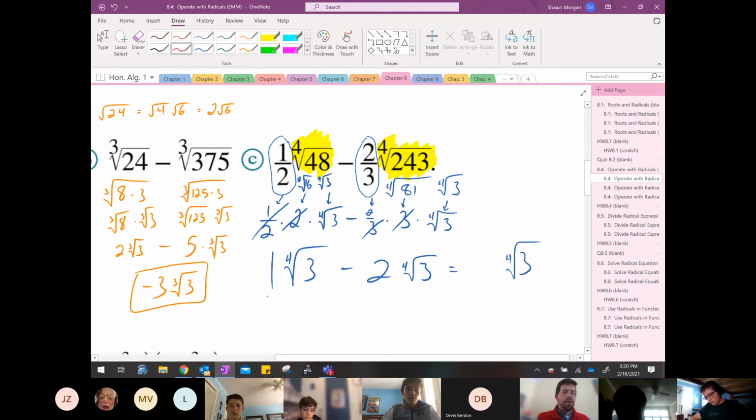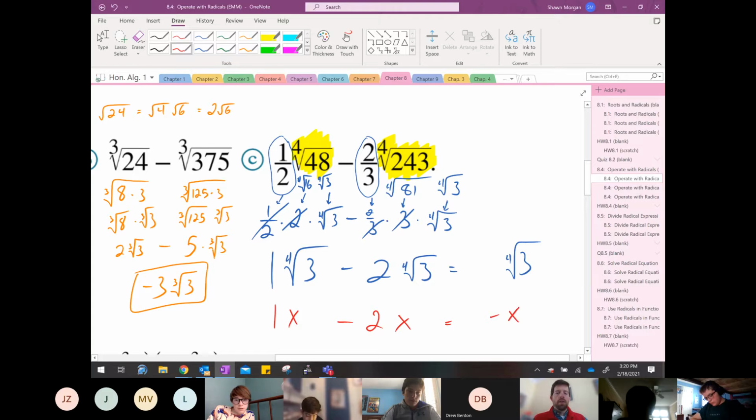Doing a little thinking, I bet. Hey, check this out. What if it was 1x minus 2x? What would that yield? Negative x, right? So if we've got 1 radical minus 2 radicals, then that's going to be -1 radical. Or we could just say negative fourth root of 3.